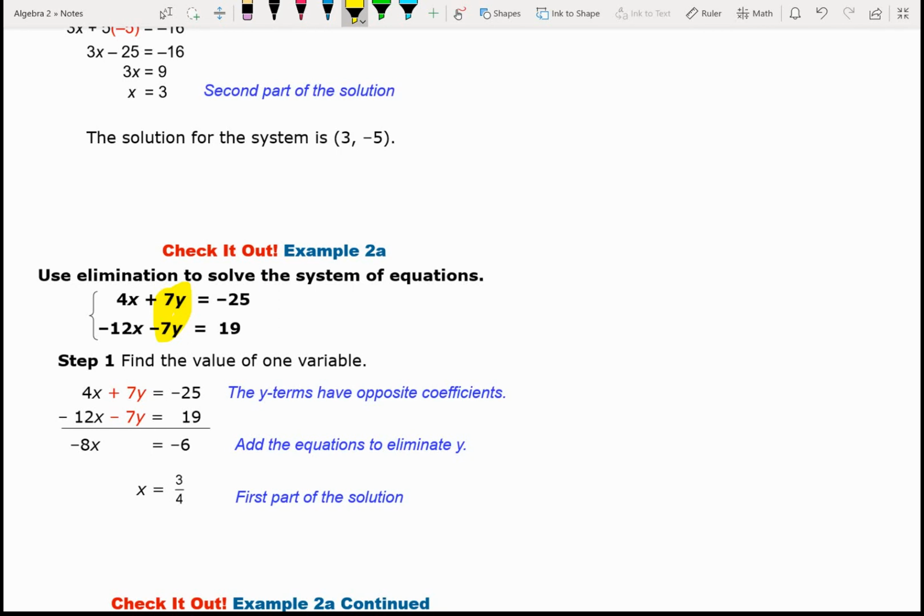You can substitute x into either equation, 1 or 2, it doesn't matter. Substitute x into either equation and then solve for y. Pause the video and try that.